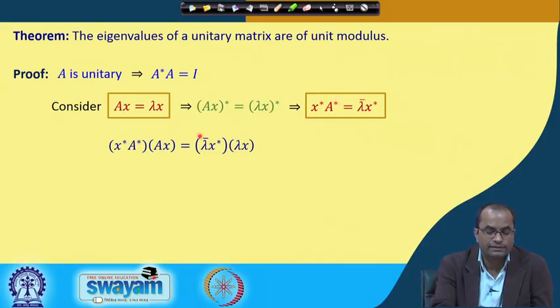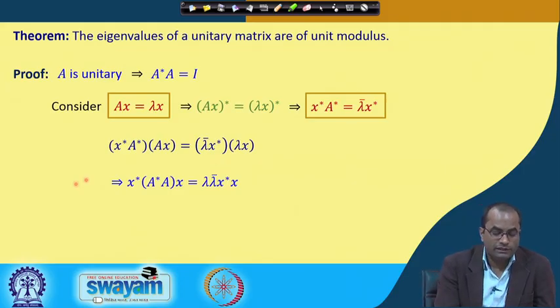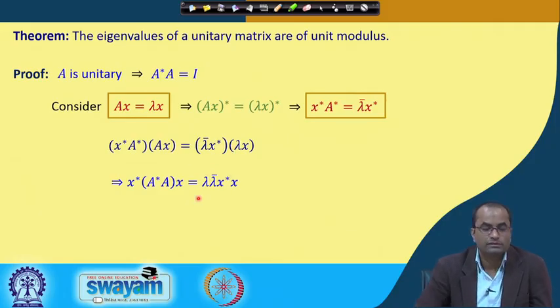So, here x star A star, the product with A x, these two vectors. x star A star multiplied by the vector A x is equal to lambda bar x star multiplied by lambda x. We have done just the product of these two. Then, using associativity, we can use A star A together, and lambda bar and lambda are constants, so we can easily take them out, and then we have x star x.